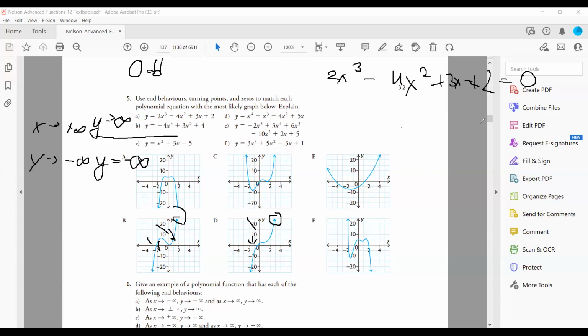How would you search for zeros in this function? How would you find zeros of function A?